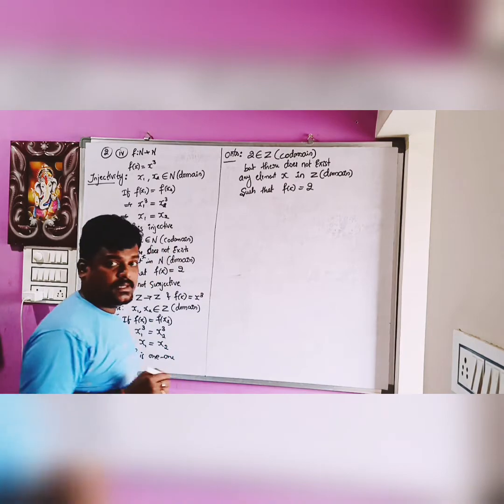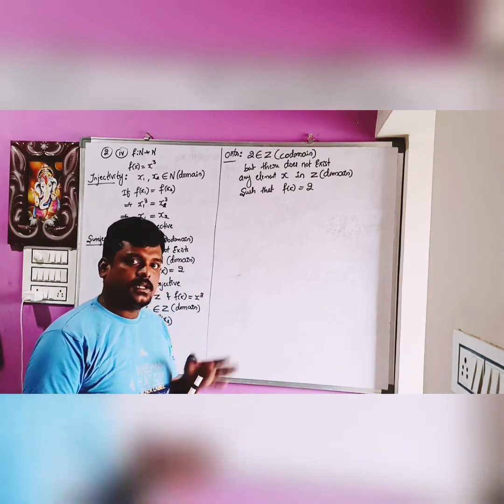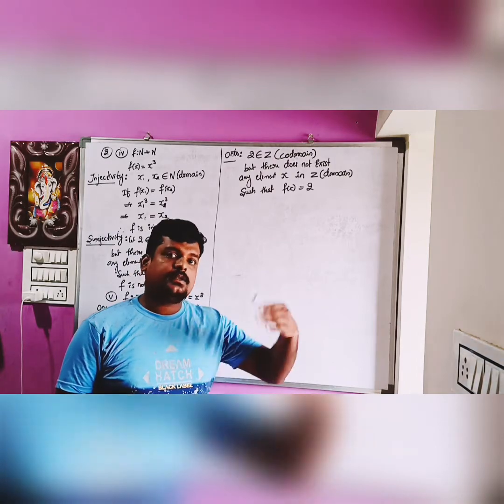Means the cube of any integer is not 2. But 2 is present in the integer set, in the codomain, and it is not an image of any element.